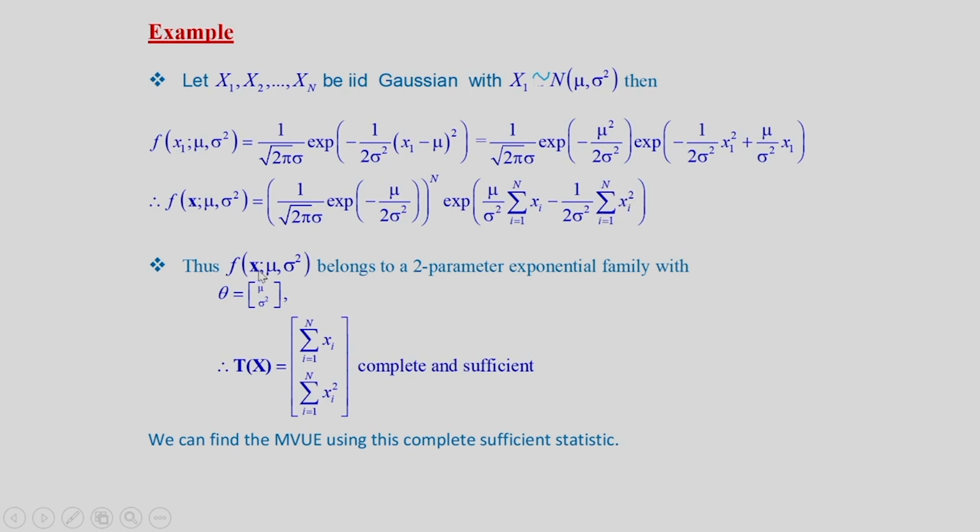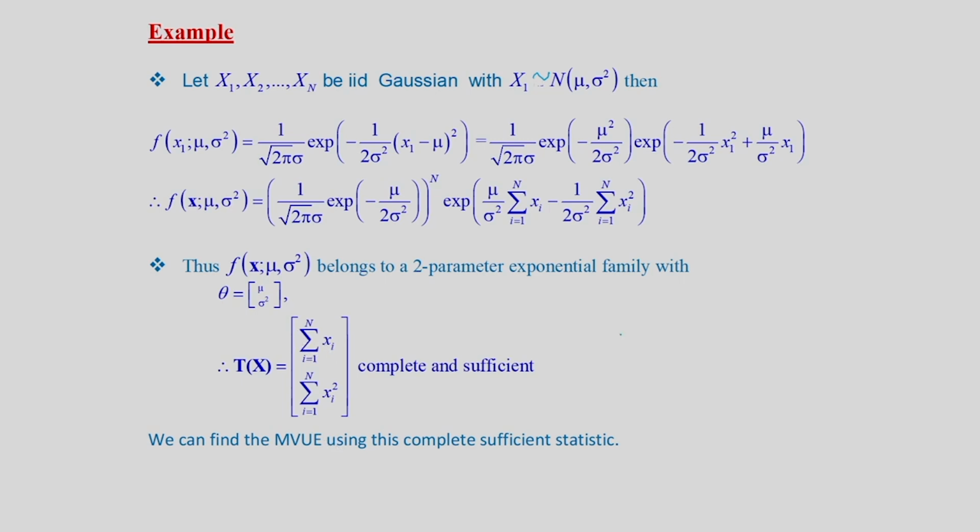Thus, f of x mu sigma square as a function of mu sigma square belongs to a 2 parameter exponential family with parameter vector mu by sigma square, and Tx is given by first component summation xi, i going from 1 to n, second component summation xi square, i going from 1 to n, and these two statistics are complete and sufficient. So, therefore, we can find out MVUE using these complete sufficient statistics.